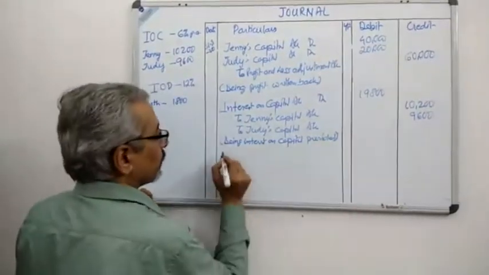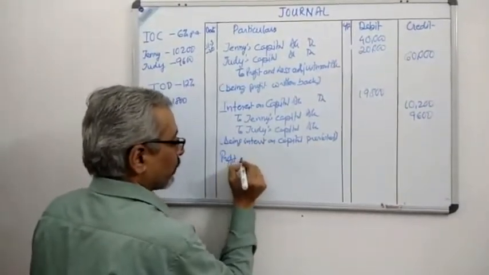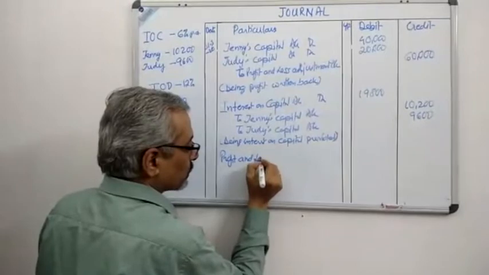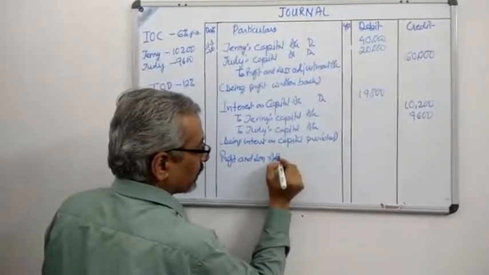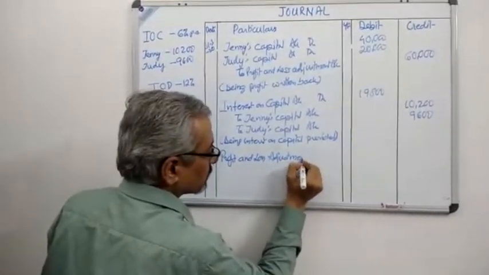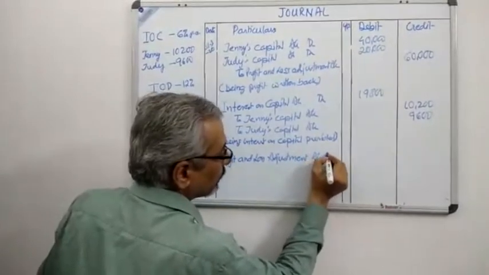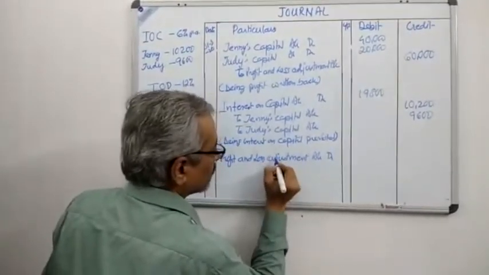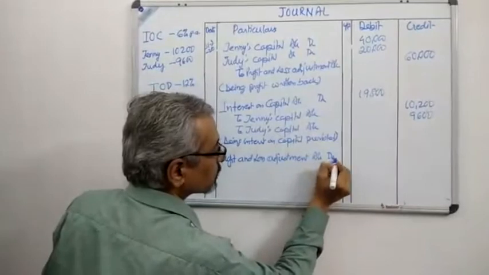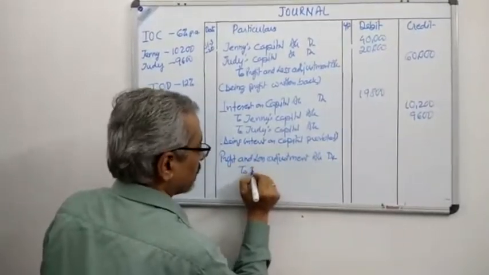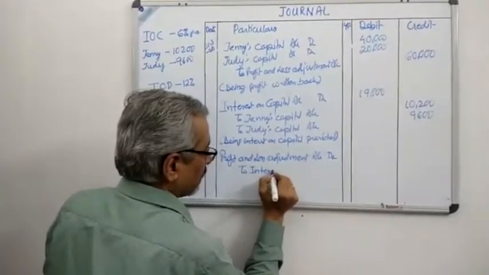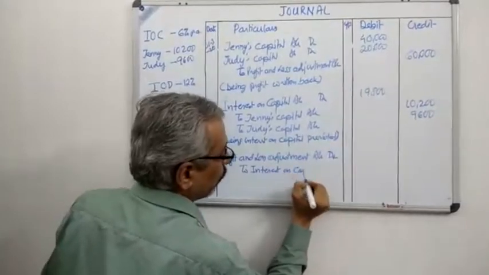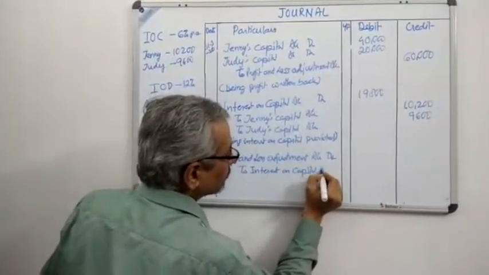So the journal entry for that is profit and loss adjustment account debit to interest on capital.